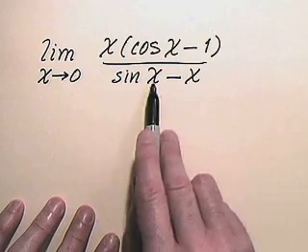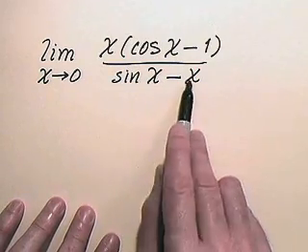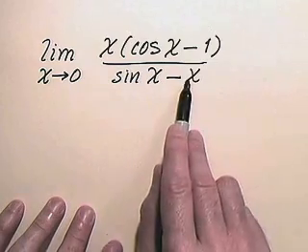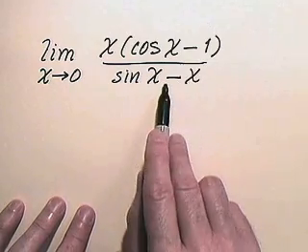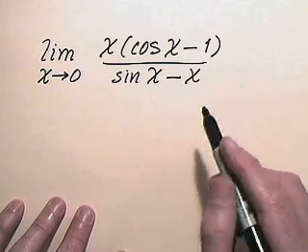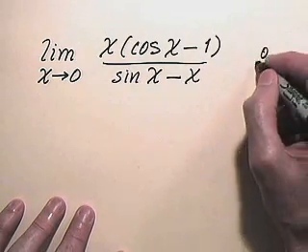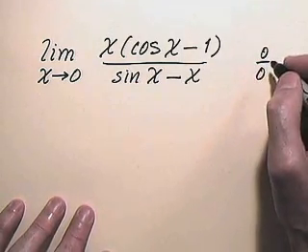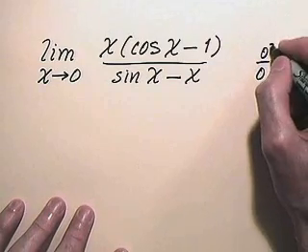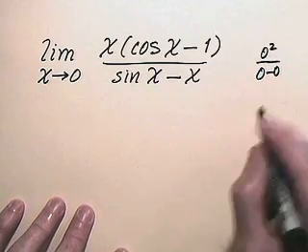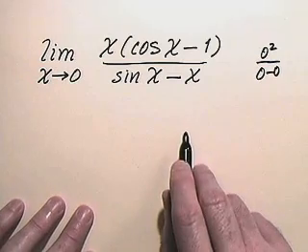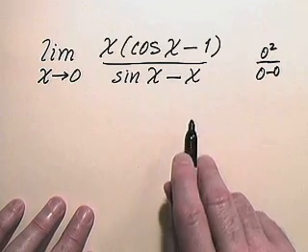And as x goes to 0, sine x goes to 0. Now I have the difference of two things, both of them going to 0, and so their difference obviously goes to 0. So this is very indeterminate of the form 0 over 0. So sort of like 0 squared over 0 minus 0. But in any case, it's certainly indeterminate of the form 0 over 0.